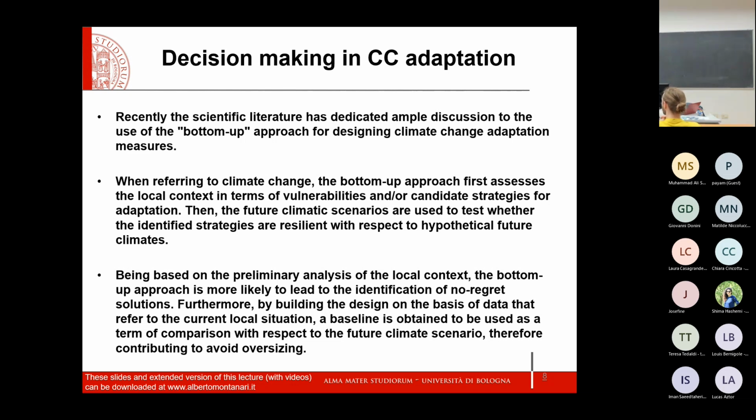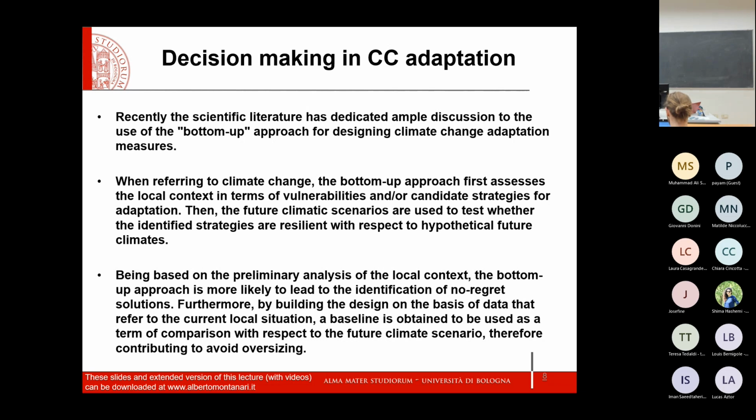So maybe through these solutions, we don't get protected up to 2100, because climate change scenarios usually refer to 2100. So maybe these solutions are not final solutions, but on the other hand, they are doable, and in any case, they help. If they are also flexible, this is perfect.